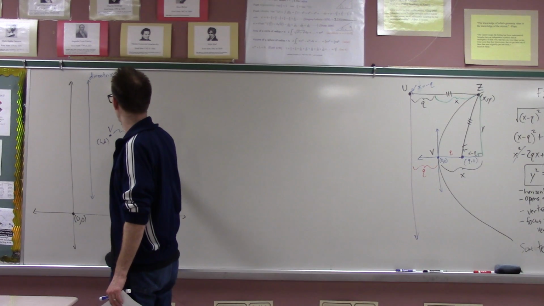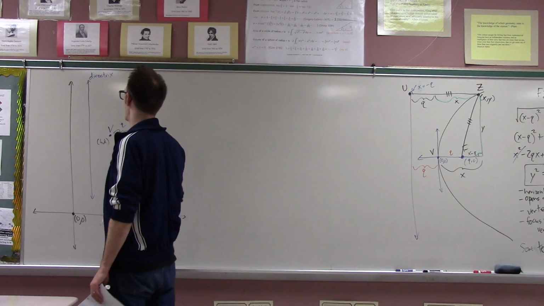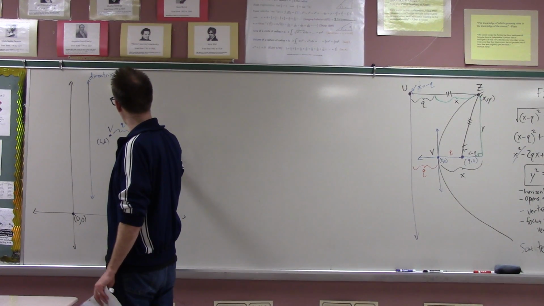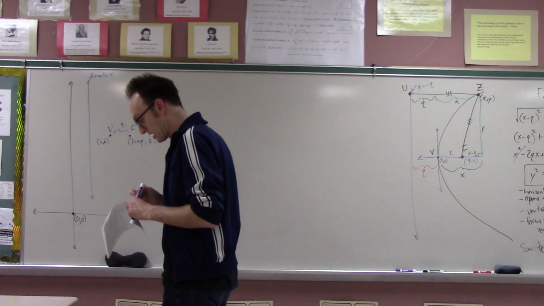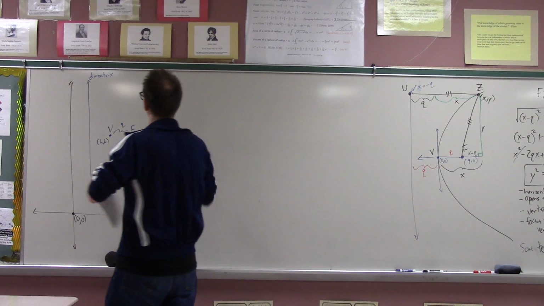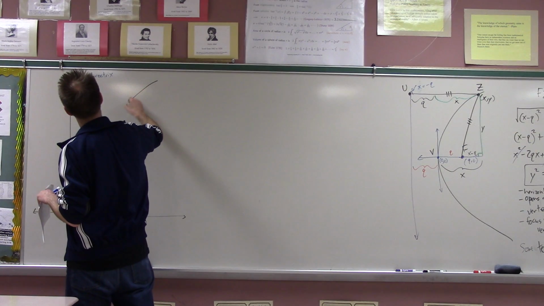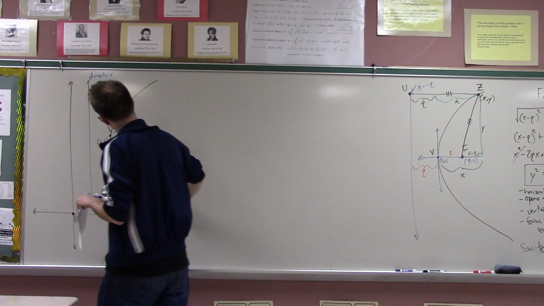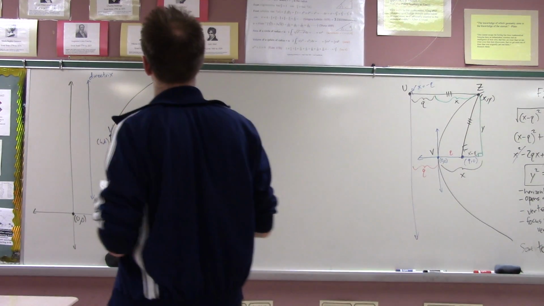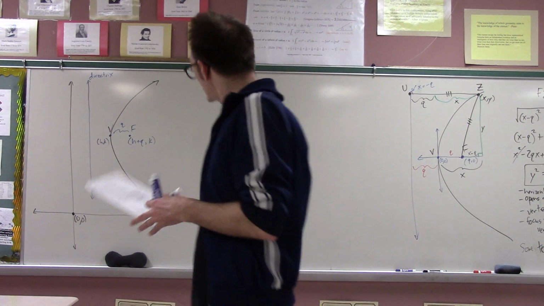And so this focus point F must have coordinates h plus q comma k. All right, and now I will draw in my parabola. Looks decent.